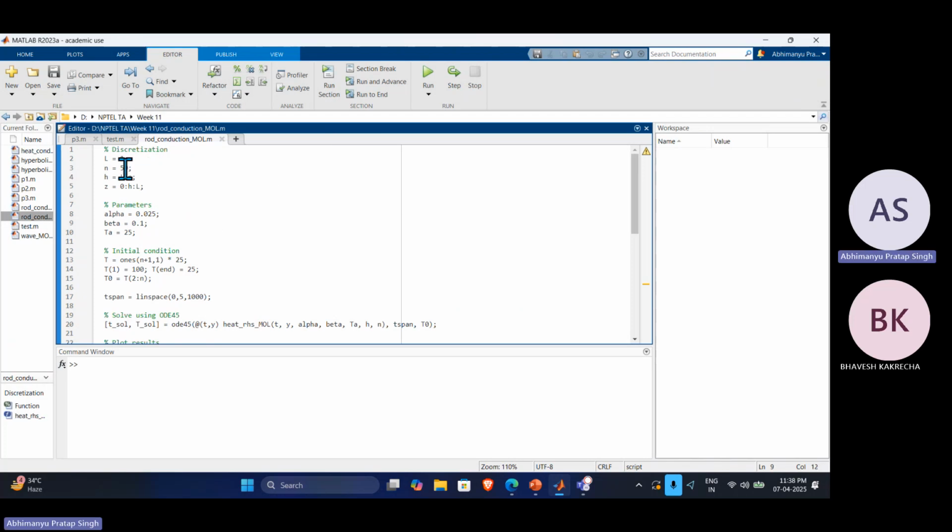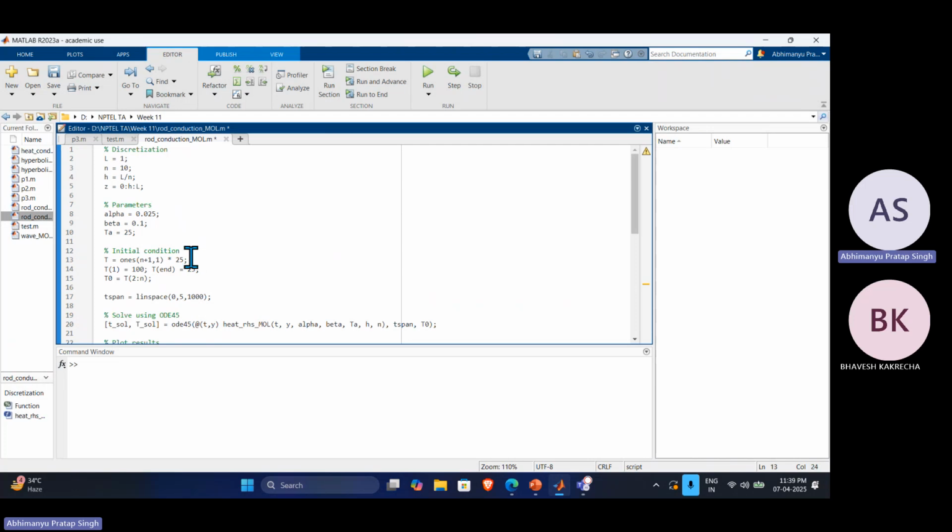Let me discretize it into 10 parts. My length of the domain is 1 meter, and I'm discretizing it into 10 parts, so my h would be L by 10, that is 0.1. And then these are my node locations. The parameters are given as 0.025 for the value of alpha, beta is 0.1, and the ambient temperature is 25 degrees Celsius.